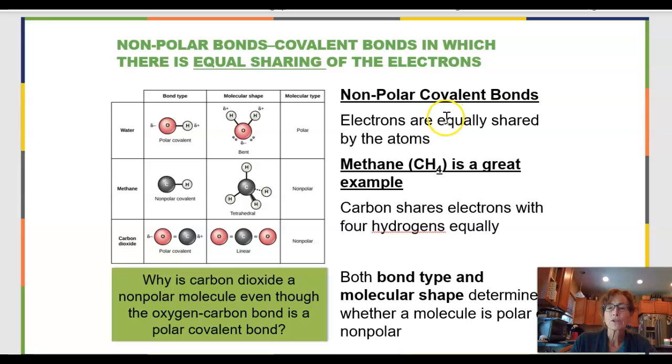There are nonpolar covalent bonds too, in which it's still a covalent bond sharing of electrons. However, it's a pretty equal sharing. There isn't any real pull in any direction, either because of the geometry of the molecule, or because they basically have the same ability to pull on electrons as each other. Methane's a good example of that.